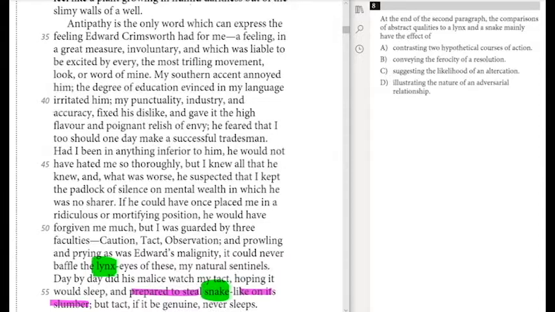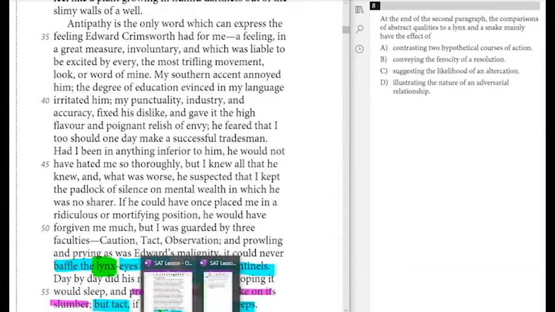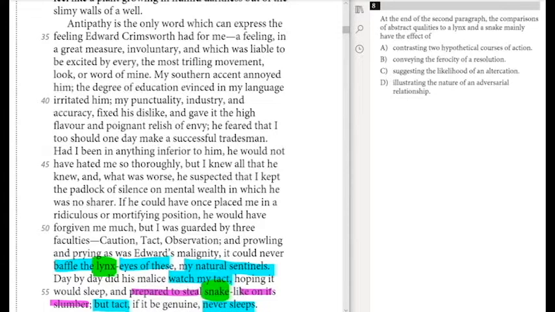But the lynx is a metaphor that's being used to describe the idea of being on guard. My natural sentinels are the things that had the narrator on guard. And his malice watched my tact, but tact never sleeps. So tact being the idea of being on guard. And so while the snake was waiting to attack, the narrator was on guard and never slept, never let his guard down, and never let Edward Crimsworth take advantage of him.